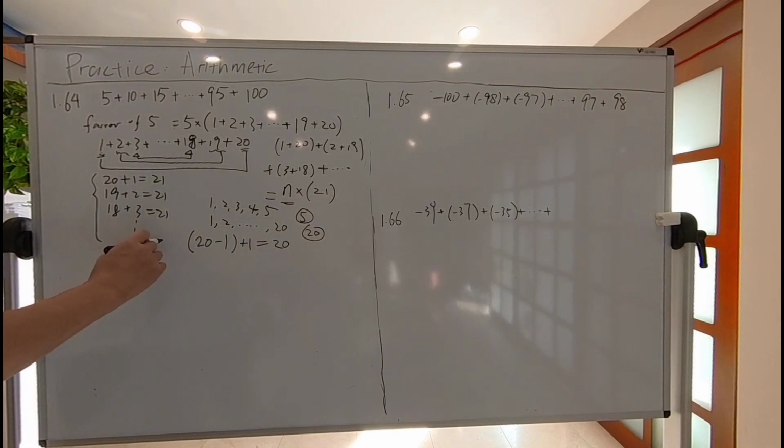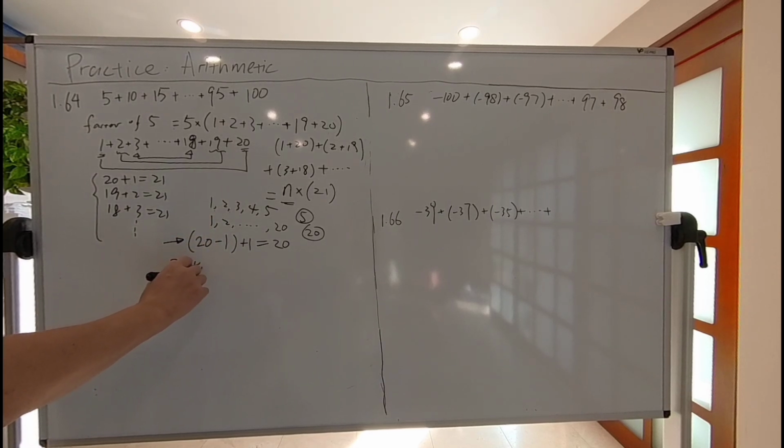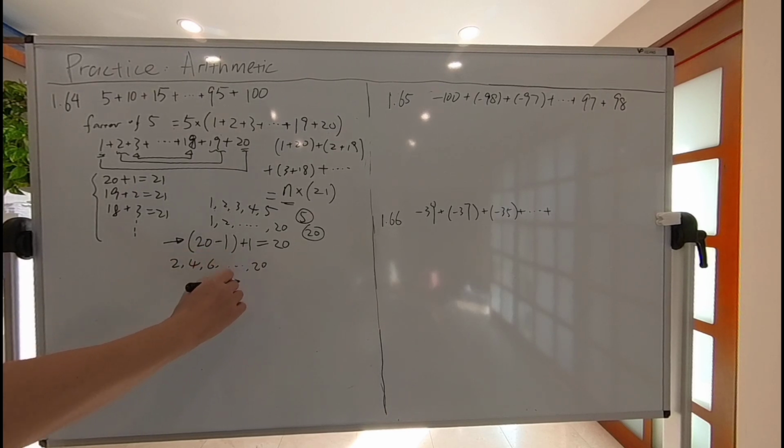So this is a simplified formula. Now it only works if you are counting continuous numbers. So what happens if the numbers jump? Like, what happens if my sequence of numbers are all the even numbers until 20, for example, right?